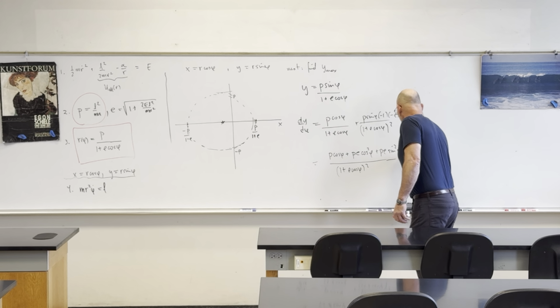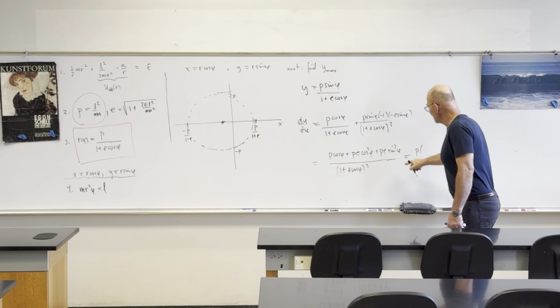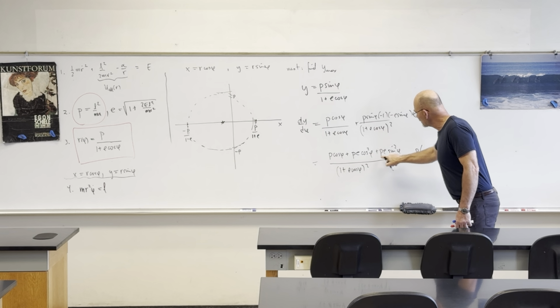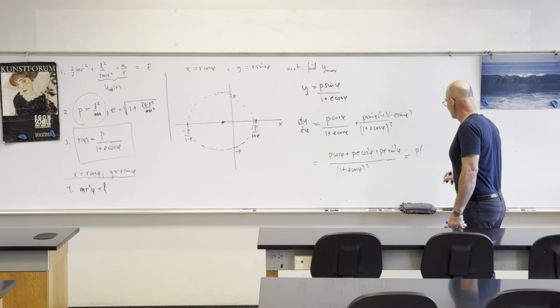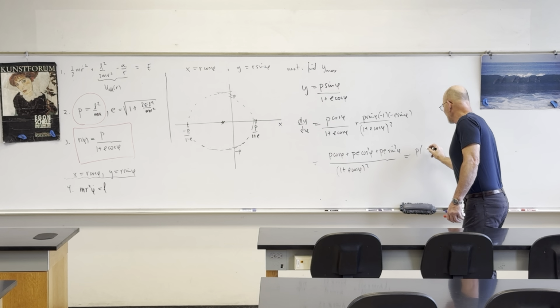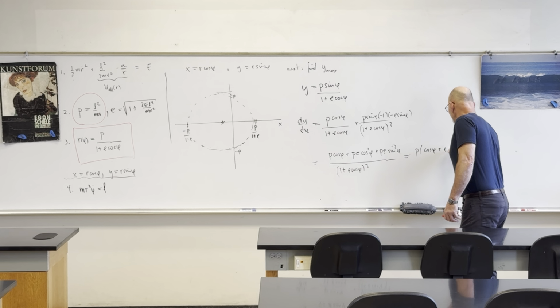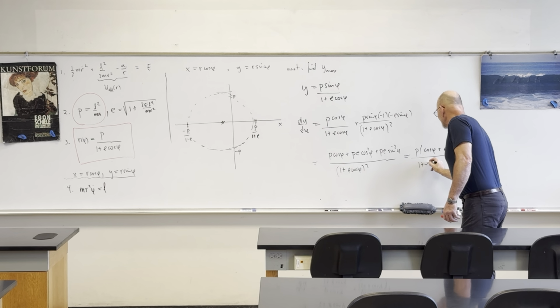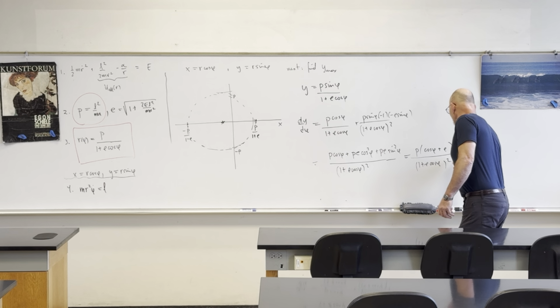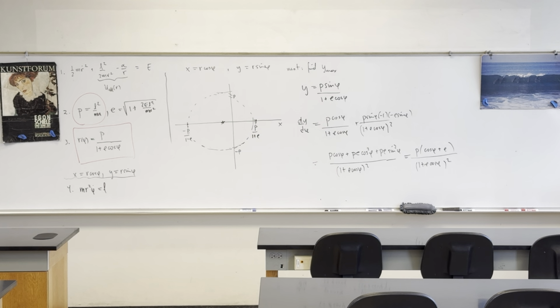So this is simplifying. This will be p times cos phi, and these two add up to 1. So p times cos phi plus e over 1 plus e cos phi squared. Okay, good. We want to set this equal to 0.